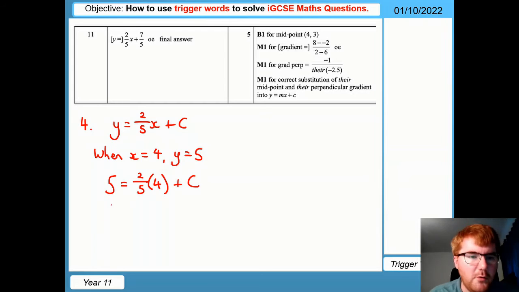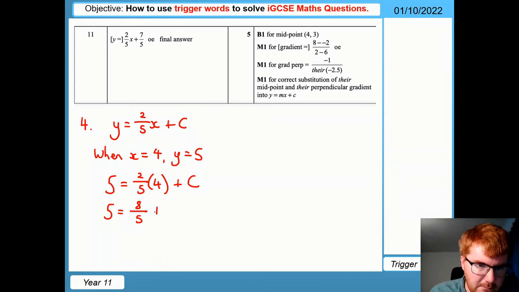Again, this is just a little bit of working out here with fractions. So 2 times 4 is 8, so we get 8/5 plus c.